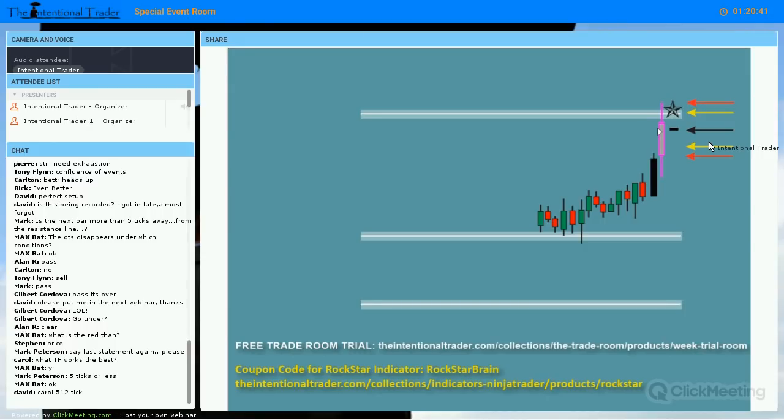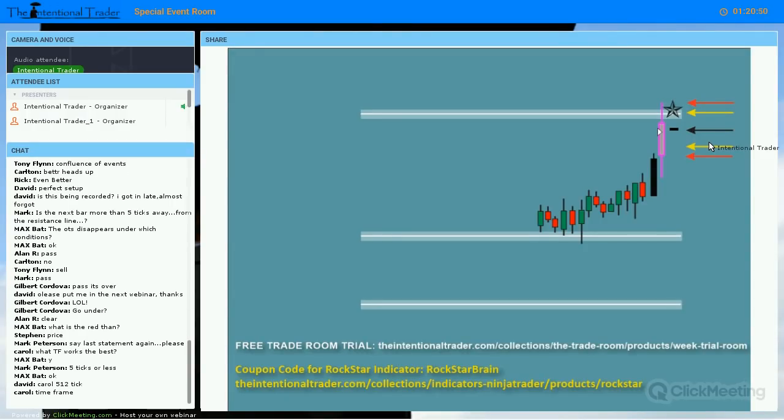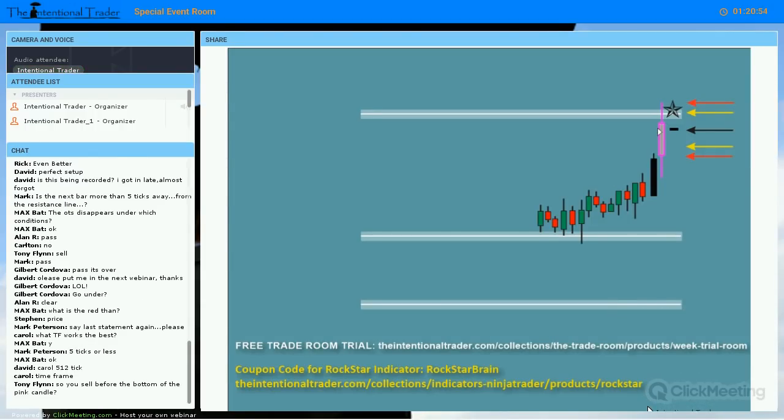But TF works best. TF. I think of that as the Russell 2000 time frame. We like the 1 minute time frame. Here's why.